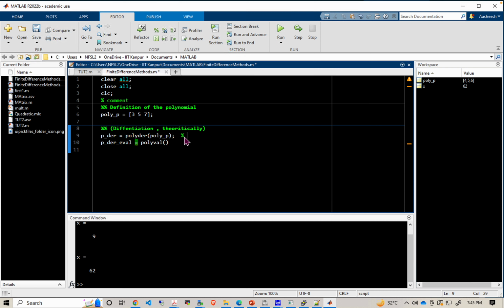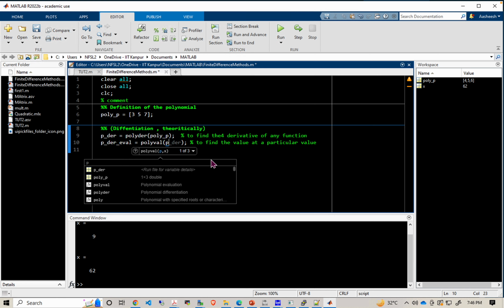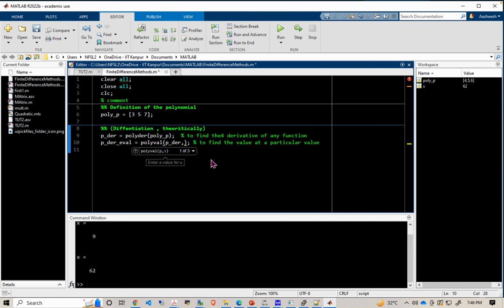So in p underscore derivative comma 0, this will be our pattern.